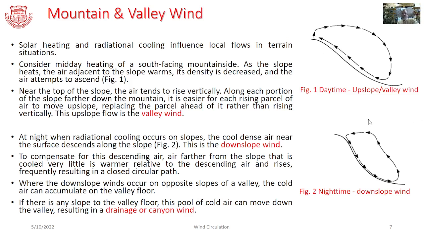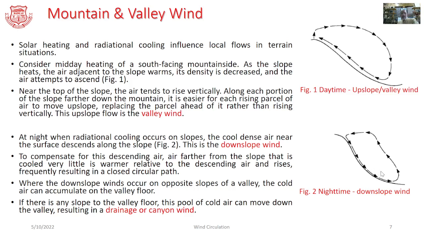During the night, as the land masses get cooled, the cool dense air near the surface descends along the surface. This current of air is termed as downslope wind.